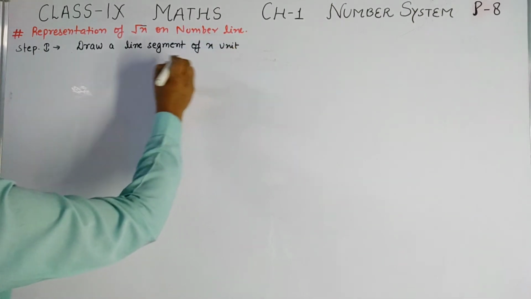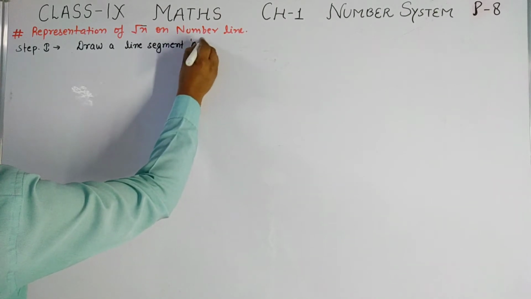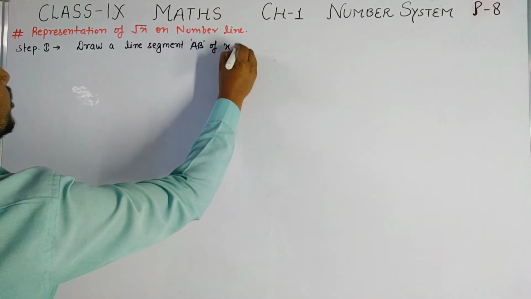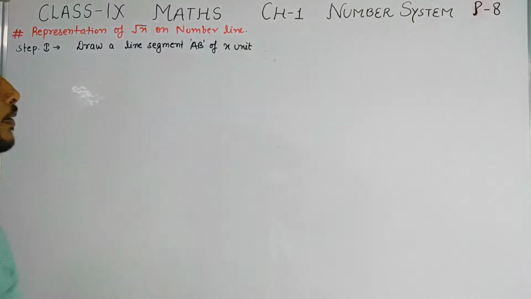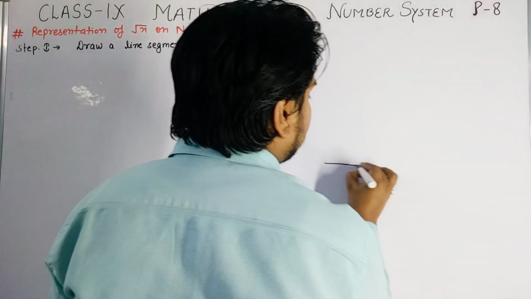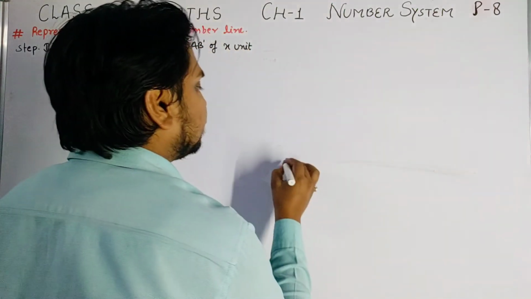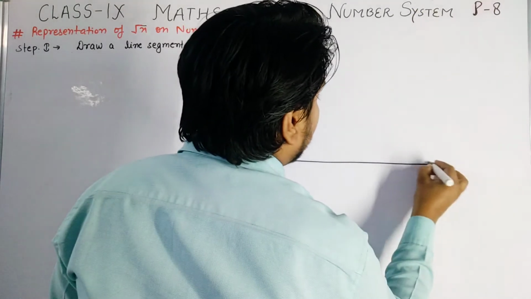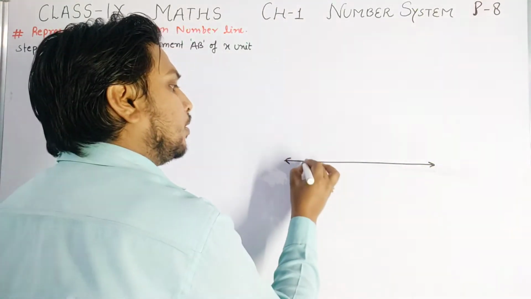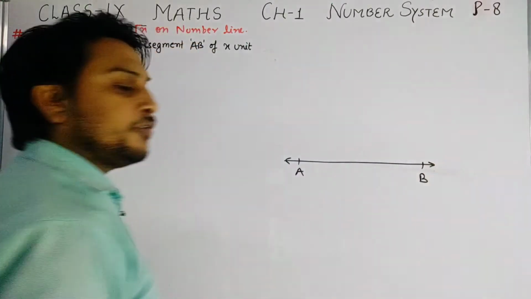We can write that: draw a line segment AB of x unit. So firstly we will draw a line segment AB of x unit.